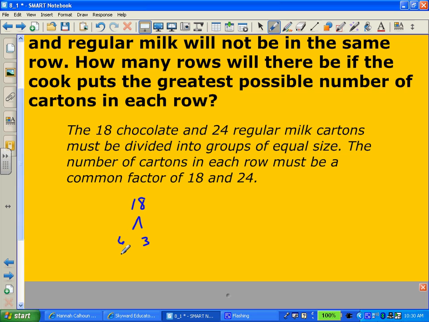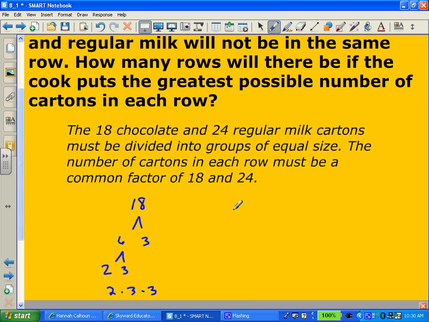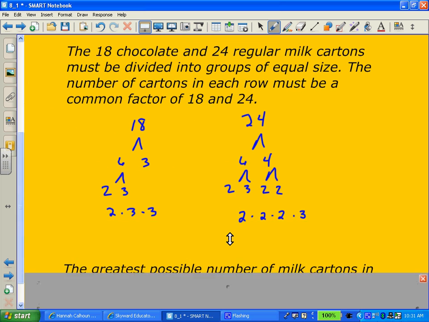Okay, so again, let's do some factor trees here. Figure out their prime factorizations. Alright, so 18 is 2 times 3 times 3. And 24, we got 6 and 4, 2 and 3, 2 and 2. So its prime factorization is 2 times 2 times 2 times 3.